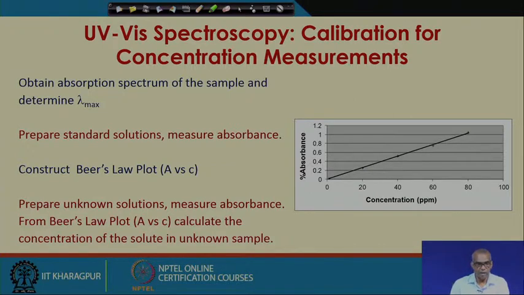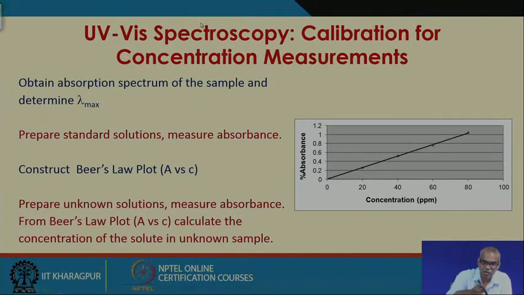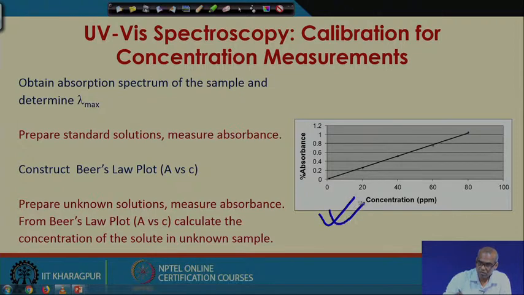Take the absorption spectra, look at the peak height or the percentage absorbance corresponding to that lambda max, and make a plot of absorbance versus concentration that we have done here. So, this is the calibration plot.